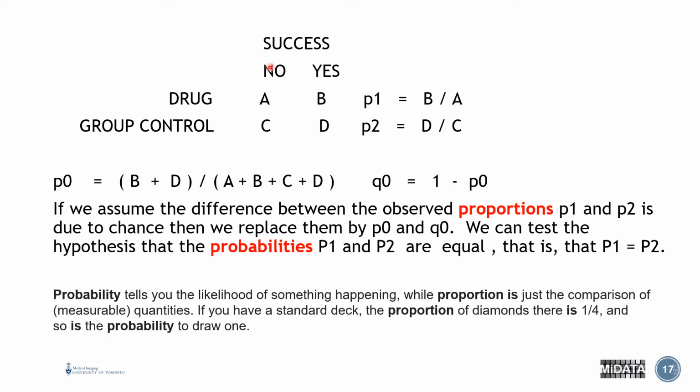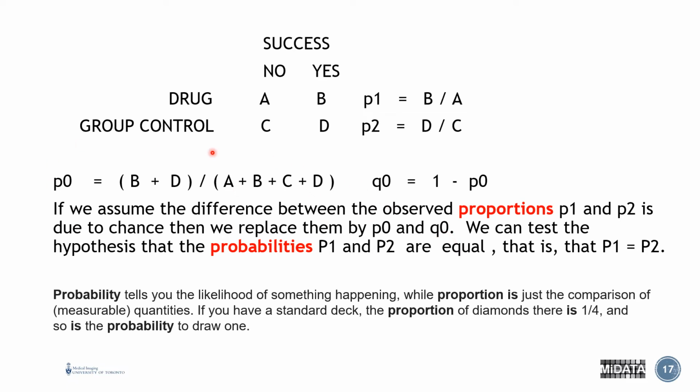And so if we assume that the difference between the observed proportions P1 and P2, where P1 is the number of successes versus the number of no successes within the drug group, and P2 is the number of successes versus the number of no successes in the control group, is due to chance, then we can replace these proportions with P naught and Q naught, which would be our hypothesized proportions.